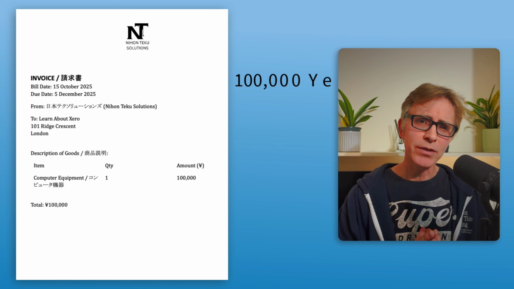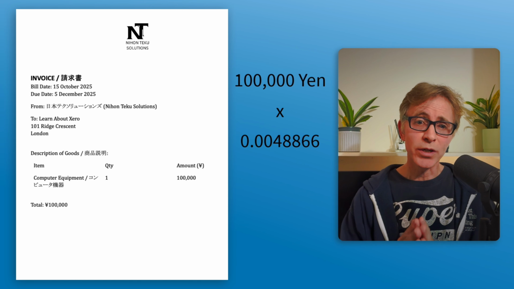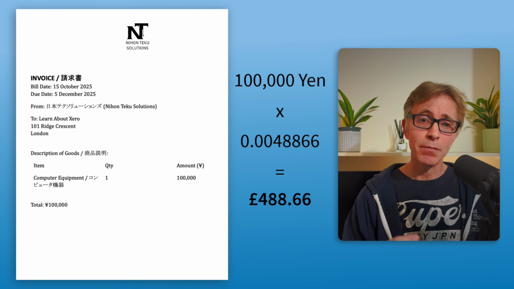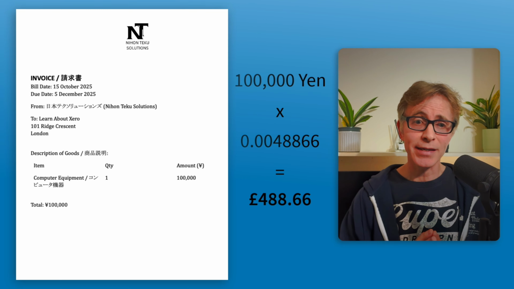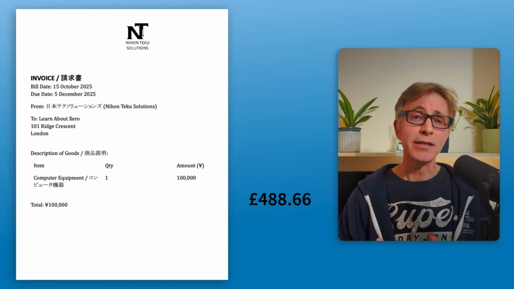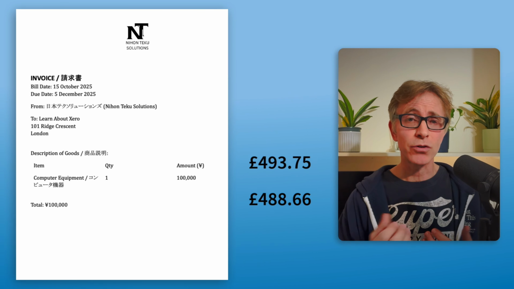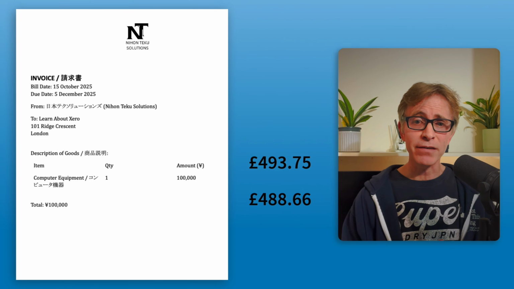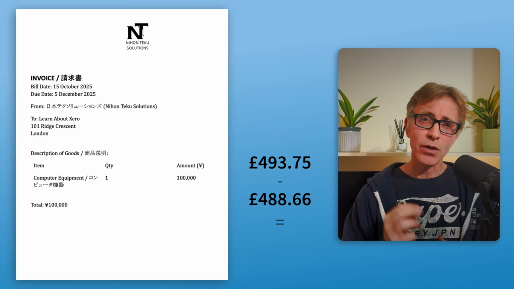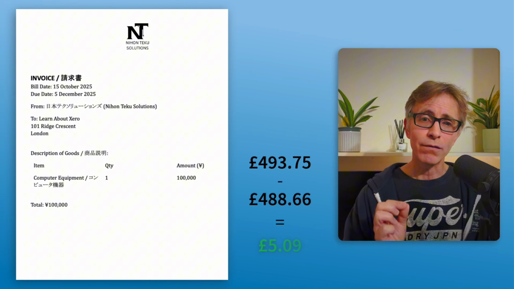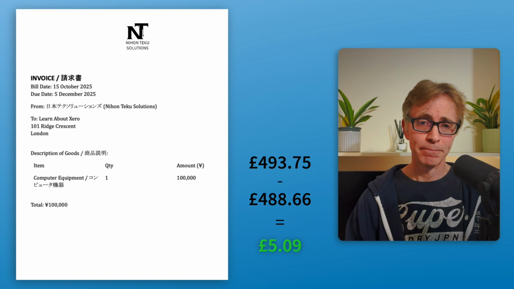So that 100,000 yen was worth £488.66. And that's what appears in my bank statement. So it's good for my business. In October, I would have had to pay £493.75, but now it's just £488.66. So there's a realised gain of £5.09.